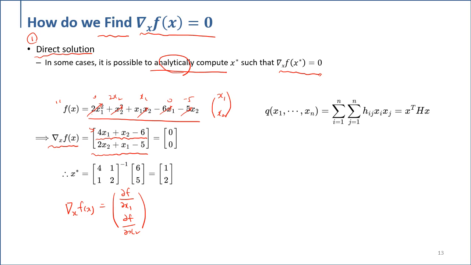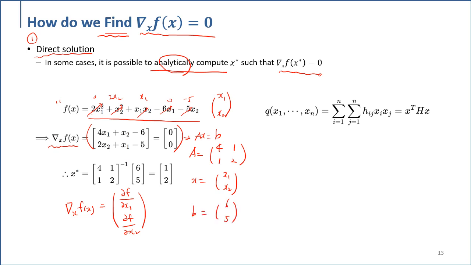To find the minimum solution, we need to set this equal to the 0 vector. By rewriting this, you can see that the problem becomes a set of linear equations, Ax equals b, right? Here, A is the matrix 4, 1, 1, 2, x is x1 and x2, and b is equal to 6, 5.